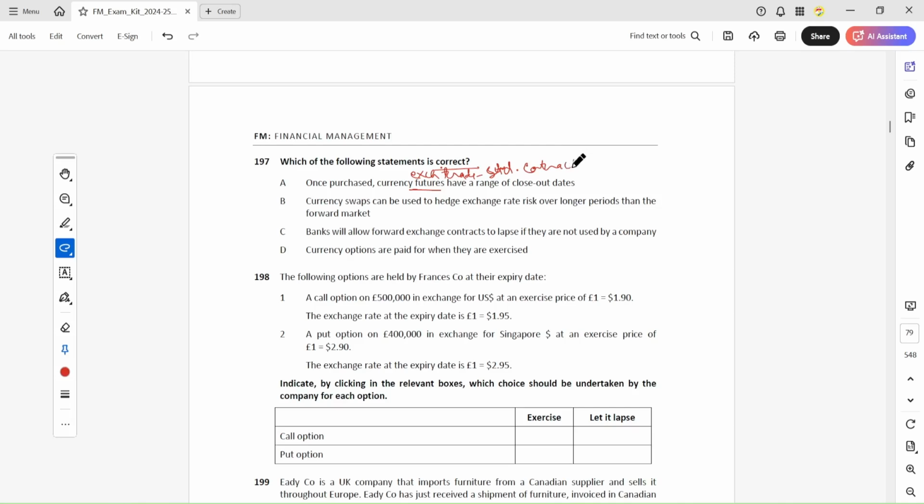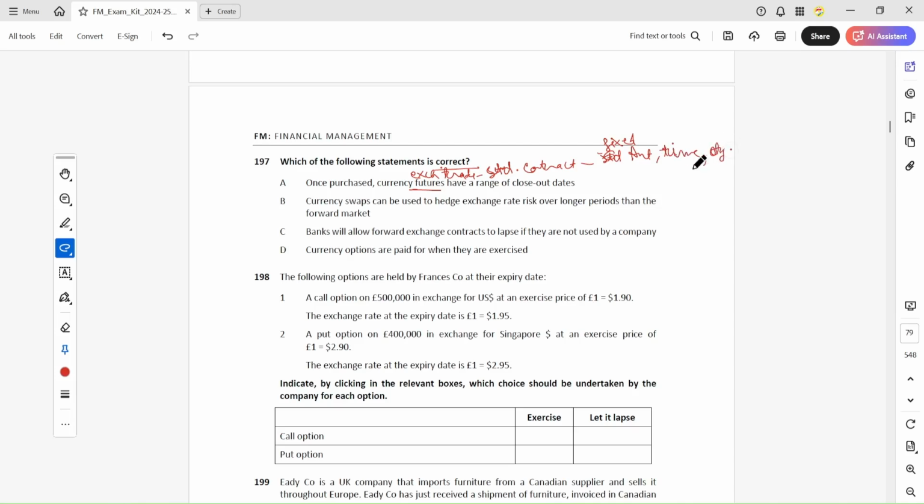In a standardized contract, you have a standard, or fixed, amount, time, and quantity.